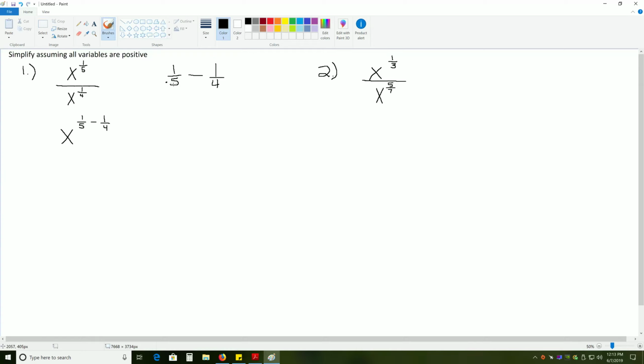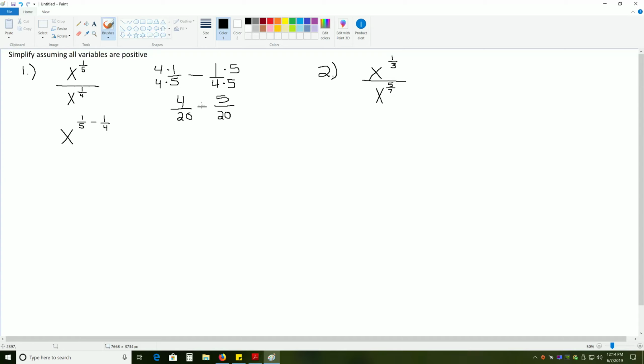To change the 5 to a 20, we have to multiply it by 4. And when we multiply that 4 to the bottom, we also have to multiply it to the top so that we don't change the fraction or change the problem. Likewise, to get this 4 to become a 20, we have to multiply it by 5, and we do the same thing to the top, which gives us 4 over 20 minus 5 over 20.